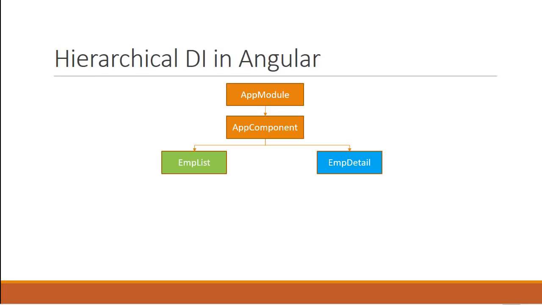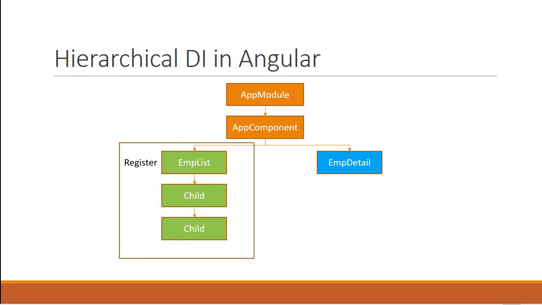Here is how Angular's DI system will work. If you register in the employee list component, the service can be used by the employee list component and its children. No other components, not even the employee detail component, can use it. So this is not a good choice.